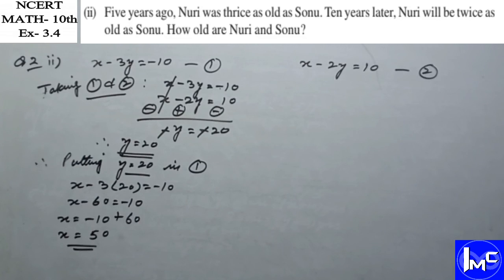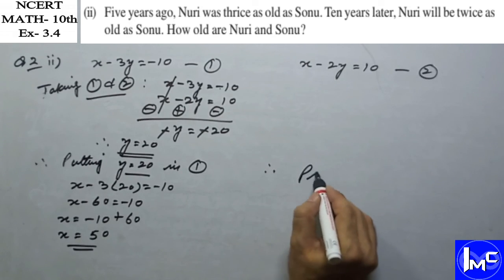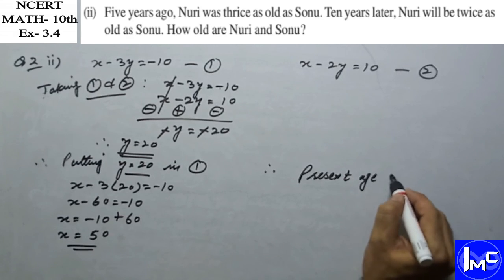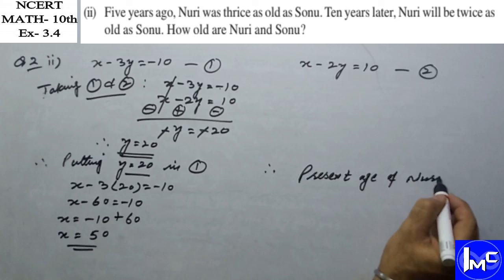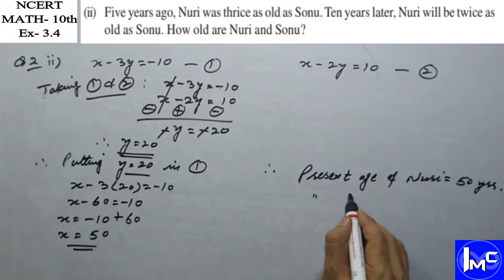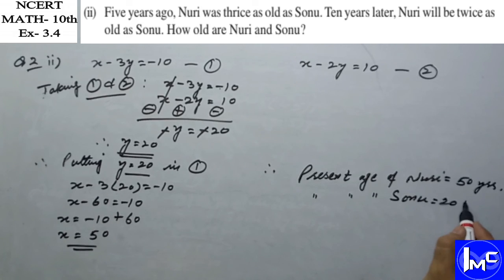And what are x and y? Therefore the present age of Noori, that was x, is 50 years, and the present age of Sonu, that was y, is 20 years. And this is our answer.